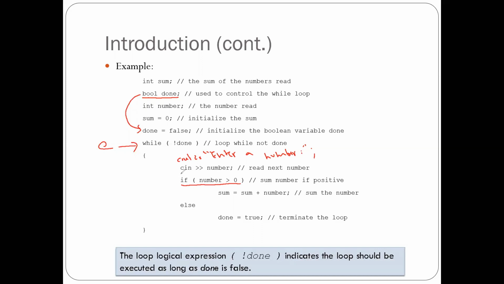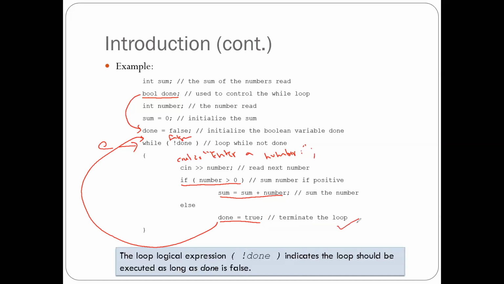It filters whether the number the user inputs is positive or negative. If positive, it will do the addition: sum equals sum plus number. Else done is true. It means if the number is not positive, it will change done to true. When done changes to true, done is updated to true, what happens? Not done, done is now true, not true is false. So whenever it finds a negative, it will exit the loop.